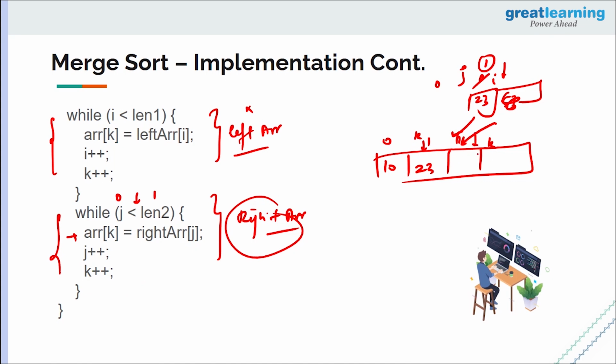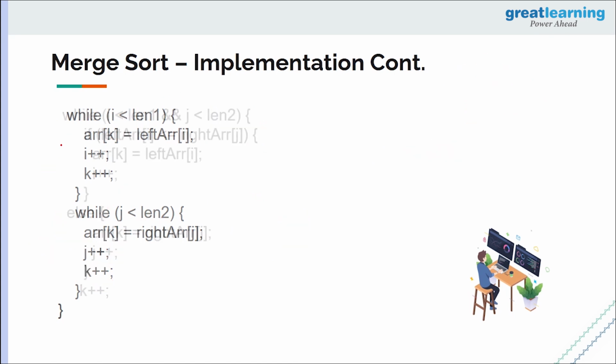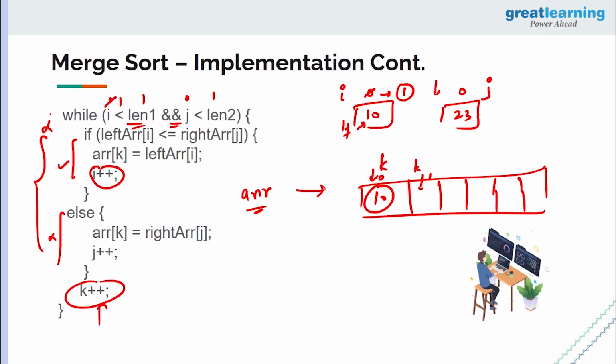That means k is pointing to the next location now, and we incremented the j pointer too. So j will be 1, and now 1 is not less than 1, so we are out of this loop and this will not be executed. This was the reason why we were out of this initial while loop, because 1 is not less than 1, right?